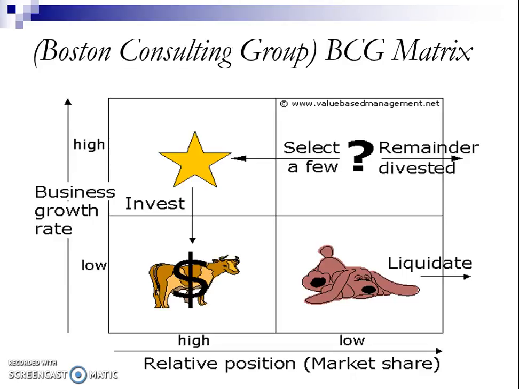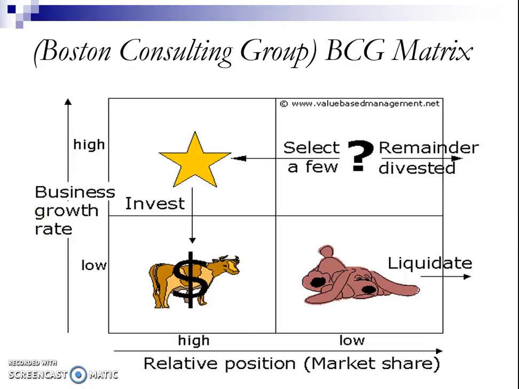It was developed by Boston Consulting Group in the 1970s, and it takes into consideration two selection factors: business growth rate or industry growth rate, and the relative position or the market share of a particular business.